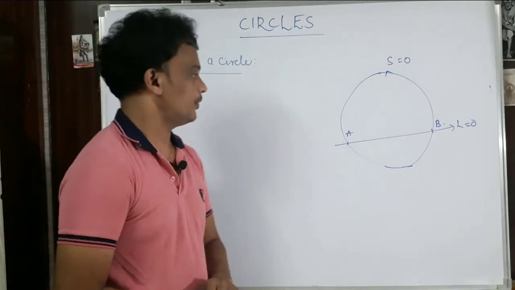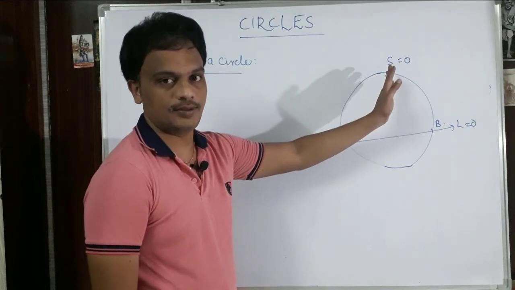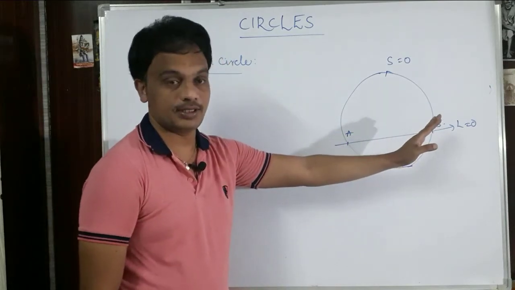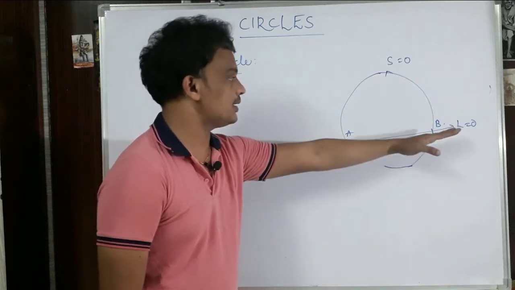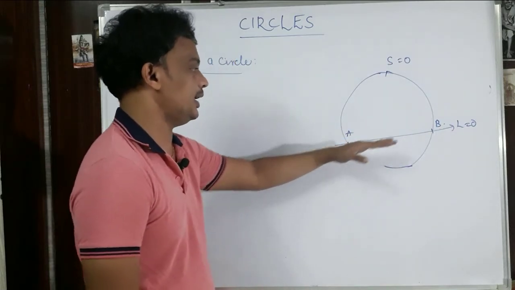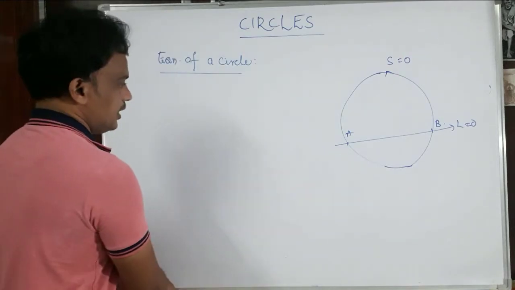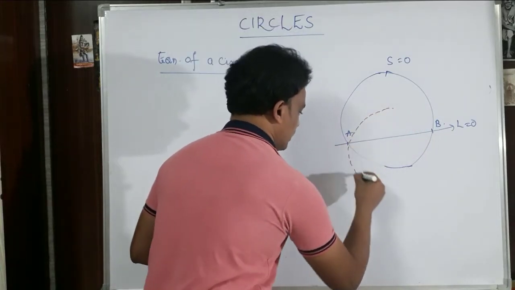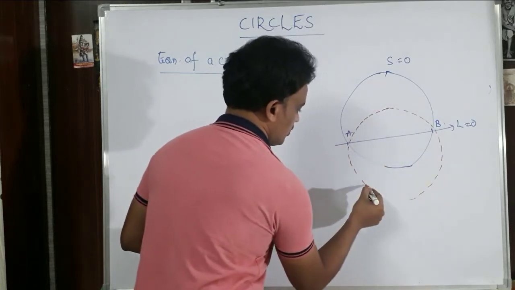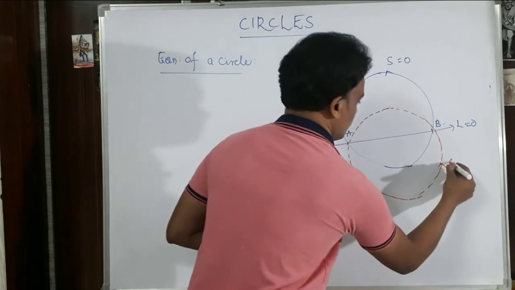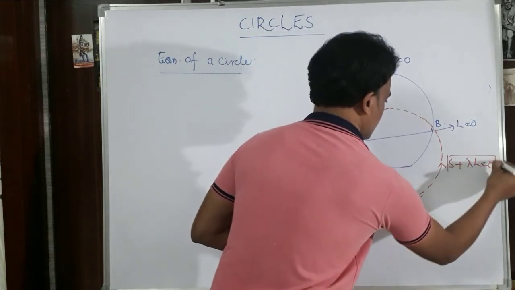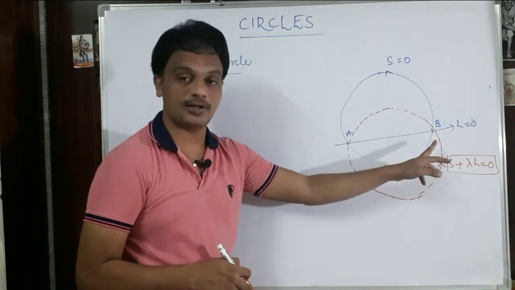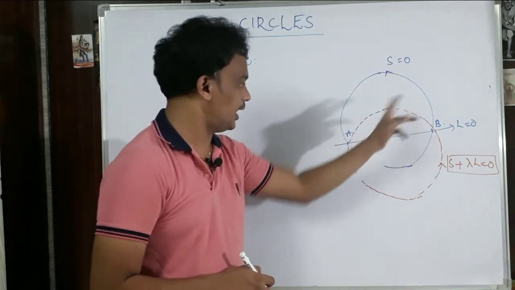One very important thing: let S equals 0 be any circle, and the line L equals 0 intersects the circle at two points A and B. Now, what is the equation of a circle which is passing through the points A and B? The circle passing through the points of intersection of the given circle S equals 0 and L equals 0 must be in the form S plus lambda L equals 0. This is the equation of a circle passing through the points of intersection of a circle and a line.